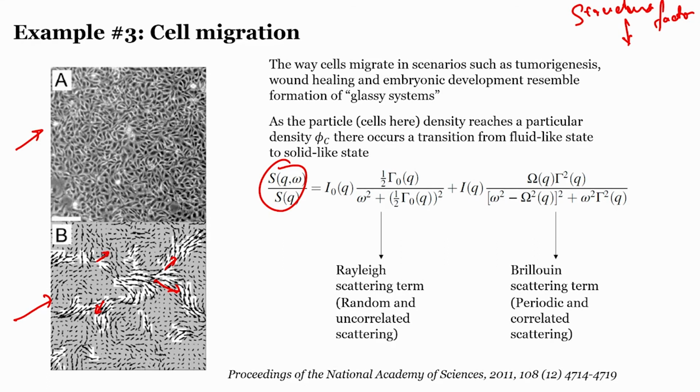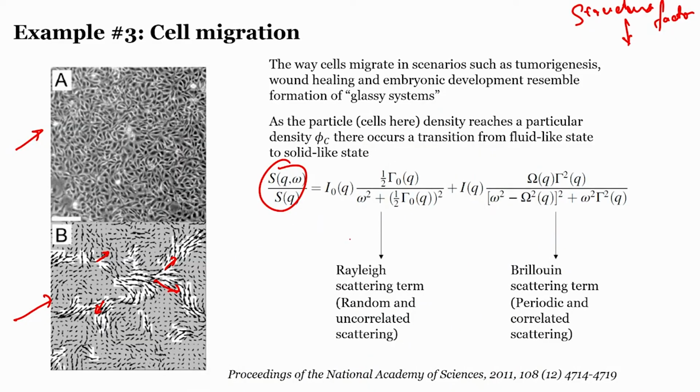So what I am trying to say is, all these vectors are pointing in different directions. There is no correlation whatsoever between these vectors, and that is why it forms a kind of disordered system.